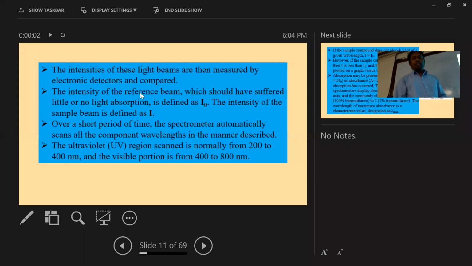The intensity of the reference beam, which should have suffered little or no light absorption, is defined as I naught, and from the sample it should be I. And over a short period of time, the spectrometer automatically scans all the component wavelengths in the manner described.